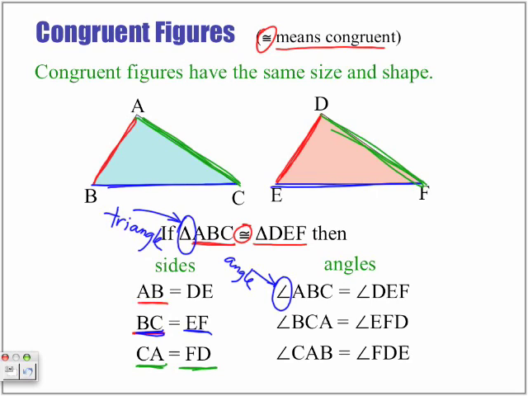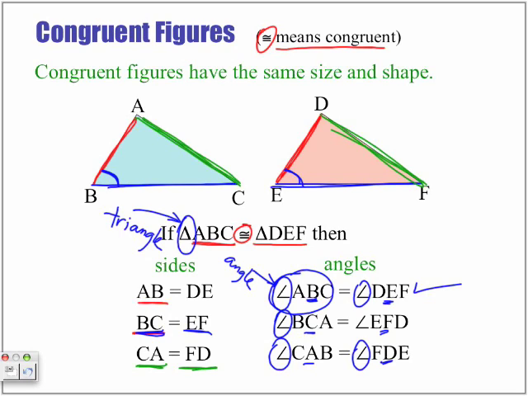And in terms of this angle symbol, whatever is the middle letter is the angle that we're talking about. So if we're looking at this example here, angle ABC, this angle B is the vertex of that angle. So we're really looking at this angle here. They're saying that this angle is equal to this angle for this example.